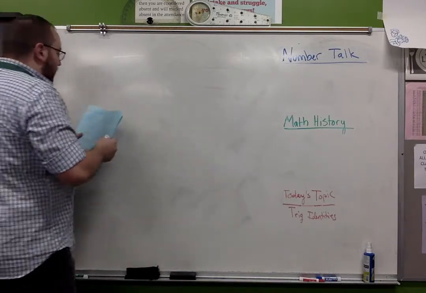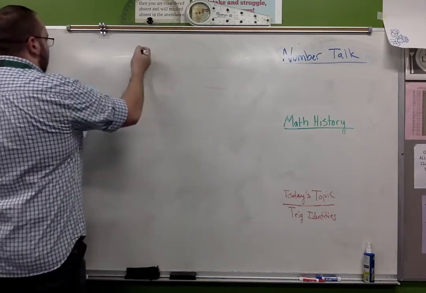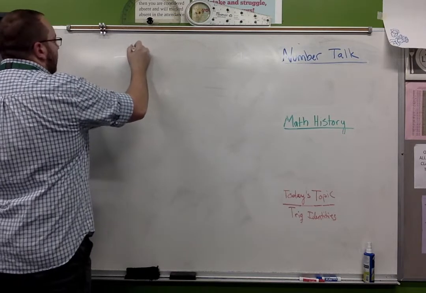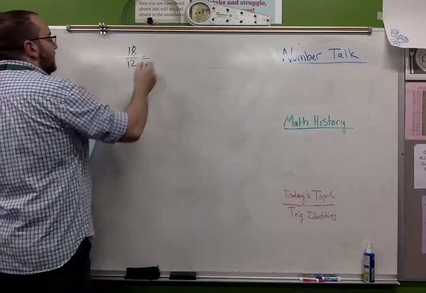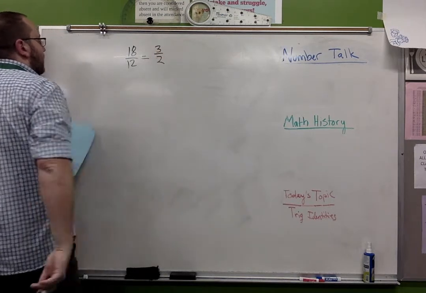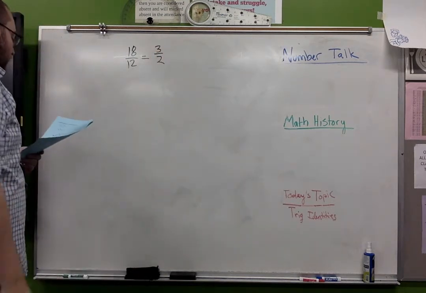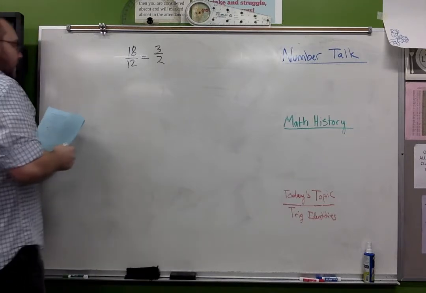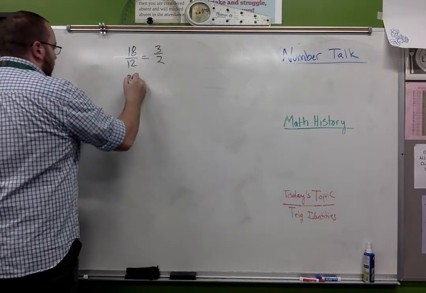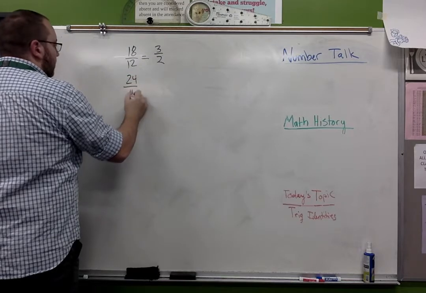So let's see here. Going from the small one to the big one, we have 18 over 12. Divide numerator and denominator by 6. 3 over 2. Wow, been using a lot of 3 over 2, huh? Then using base to base, we have 24 over 16.